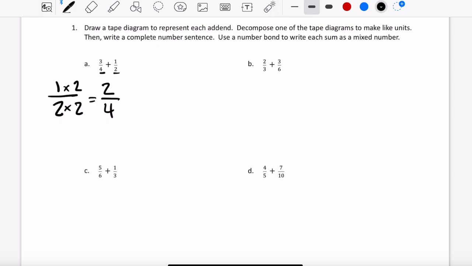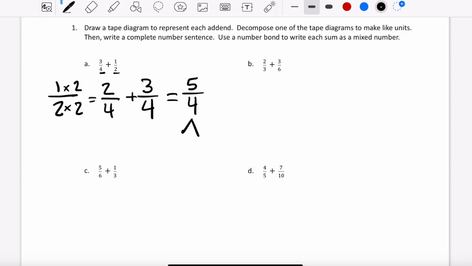So now that we have 2/4, we can now add our 3/4, and we have 2/4 plus 3/4, which equals 5/4. 5/4 is improper, so we're going to have to change that to a mixed number.